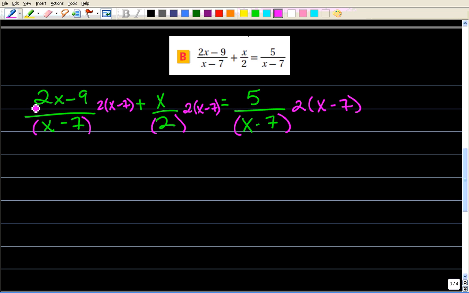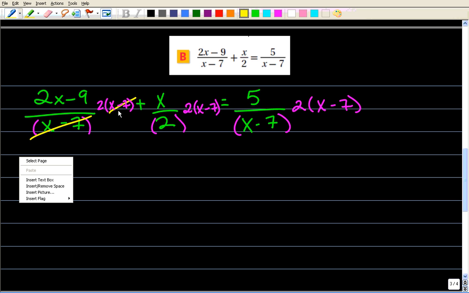So notice this, if I have 2x minus 9 times 2 over x minus 7, then the x minus 7s would cancel, and we'd be left with 2 times 2x minus 9.